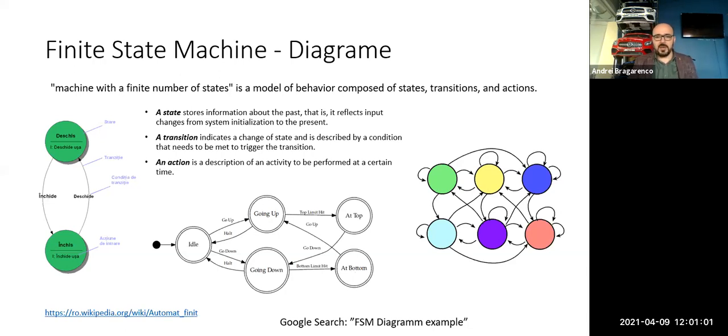Now, at any moment while going up and going down, we have the possibility to halt. In this case, we press the emergency stop button, and on the emergency stop press, we go to idle.